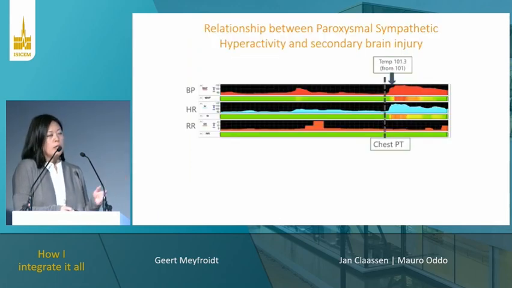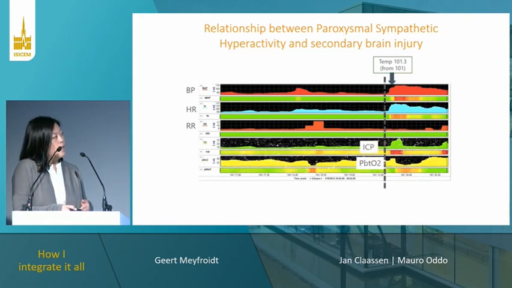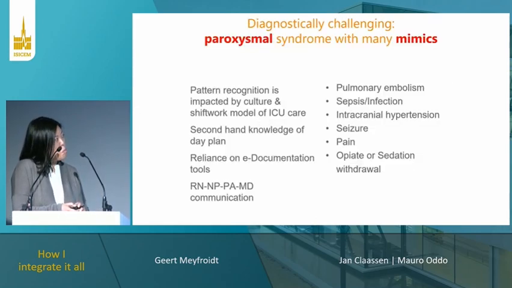There's a syndrome that you're probably familiar with, paroxysmal sympathetic hyperactivity. It spans really any kind of neurological injury, including even neuromuscular disease, reversible and structural disease. And we see elevation in vital signs, whether it's temperature, heart rate, blood pressure, from a non-painful stimulus. It can be associated with a secondary brain injury that can be silent if you're not monitoring it.